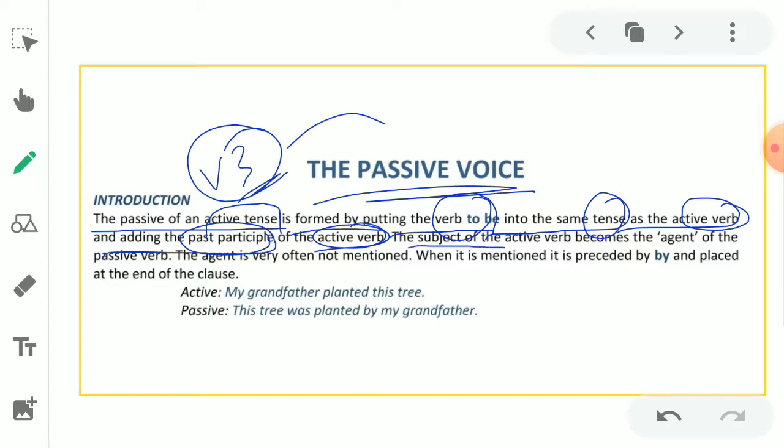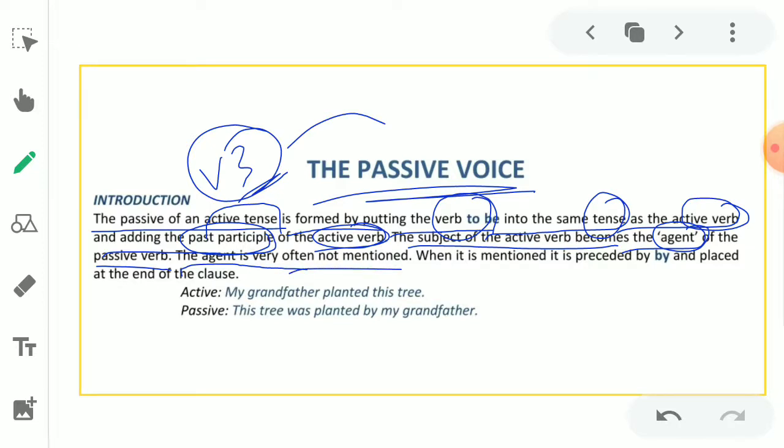The subject of the active verb becomes the agent. So what do you mean by agent? As you have studied in the earlier class, the agent is the subject of the active sentence. You will study the passive verb in detail. The agent is very often not mentioned.